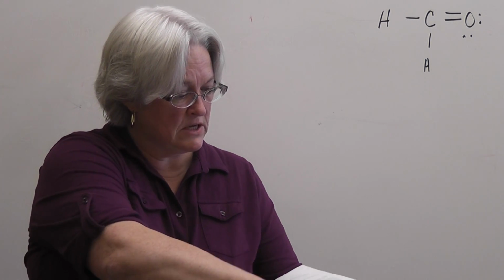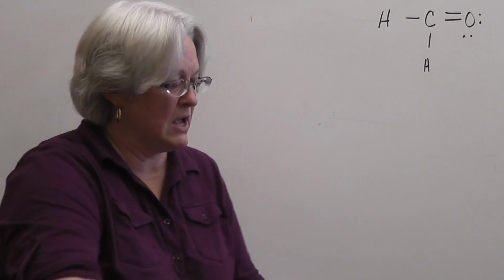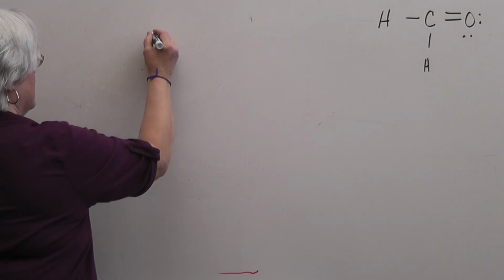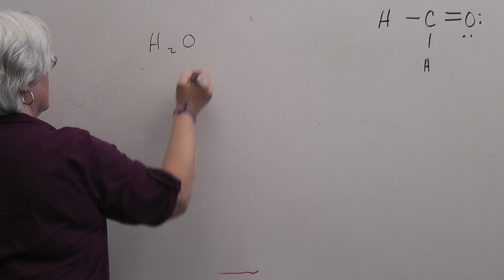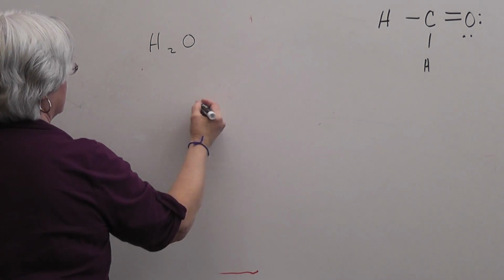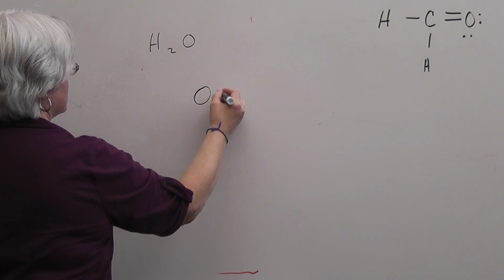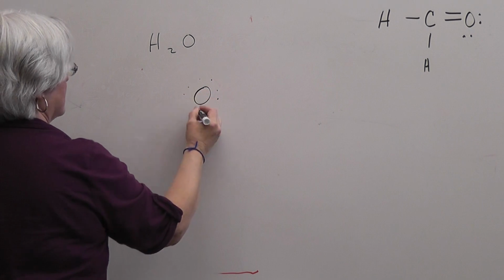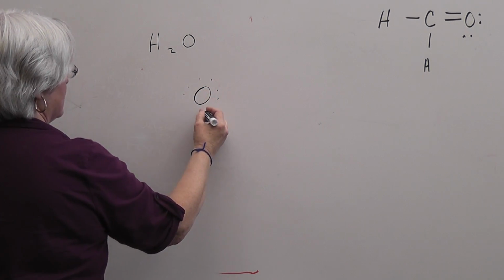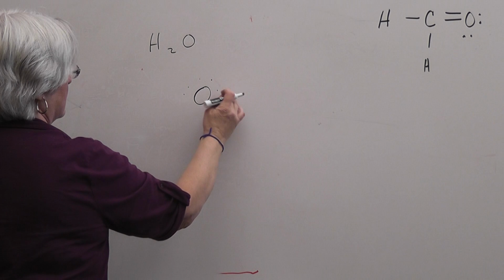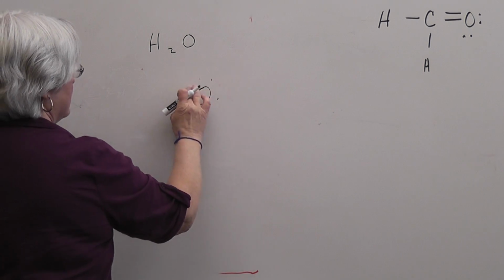For example, obviously we know that if we have H2O, you have one atom of oxygen and two atoms of hydrogen.